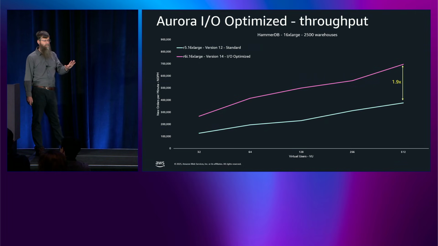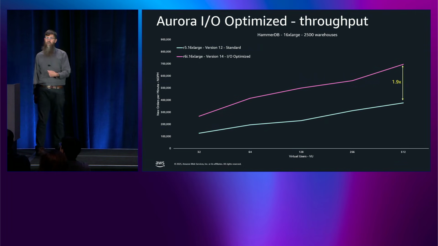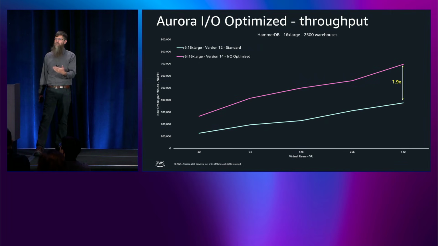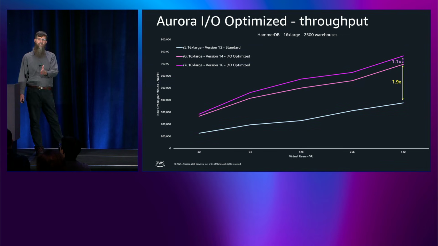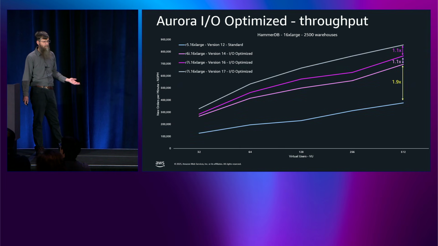So then we turn on an R6i, 16x large, version 14. Not much difference in the Postgres version there. And we turned on I/O Optimized. We get a 1.9x improvement, basically just by turning on I/O Optimized and going up one generation. R6i is still not very new. We turn on an R7i, version 16 Postgres, another 10% just by doing an upgrade. We go to version 17, the most recent one, same instance.